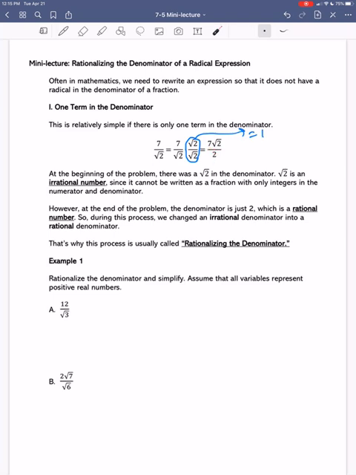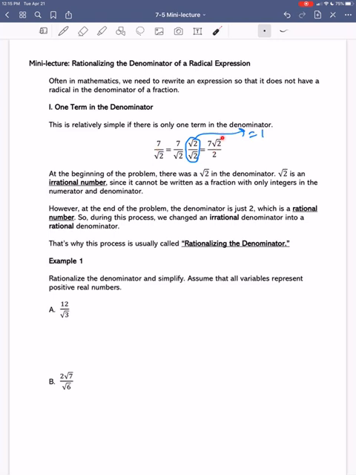Now, this square root of 2 in the denominator at the beginning is an irrational number. It can't be written as an exact fraction with just integers, like 3 over 4 or 7 over 2. If I wrote it as a decimal on a calculator, the decimal would go on forever without falling into any sort of repeating pattern.